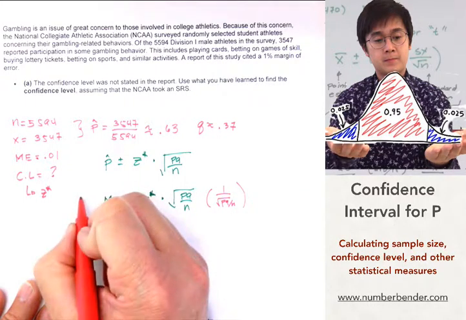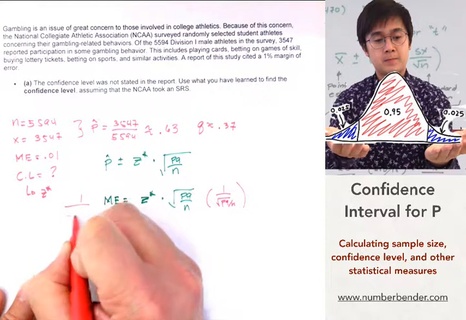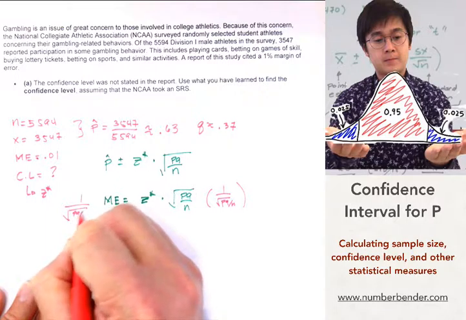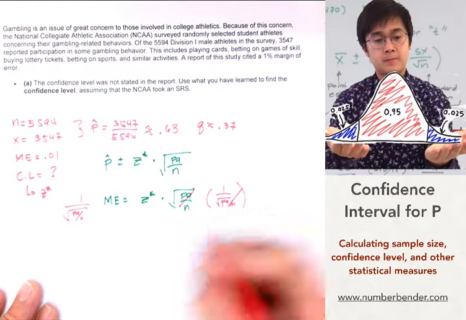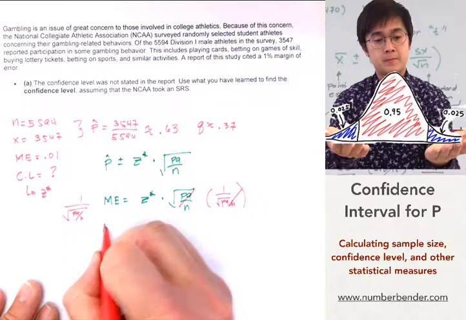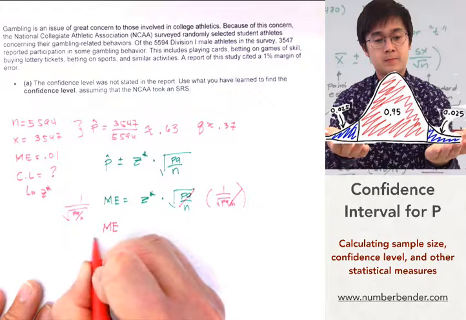So, this cancels out. Now our formula will be the margin of error all over the square root of PQ all over n.